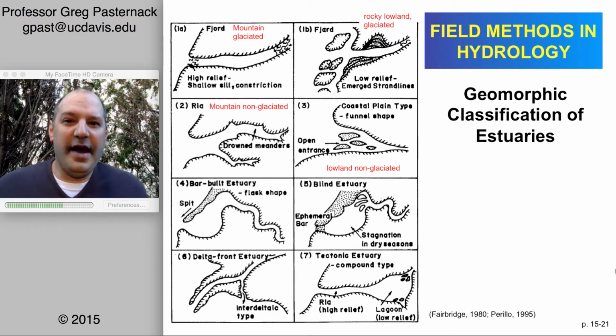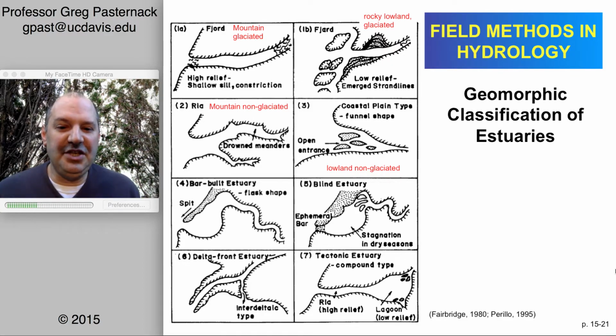There are many different ways to classify landforms in the environment or processes in the environment. And so let me show you a few as they relate to estuaries. The first is a geomorphic or landform-based classification. And here we're going to look at the role of the relief, like the range from lowest to highest elevations, the overall shape that is governed by the longer-term processes that are present there.